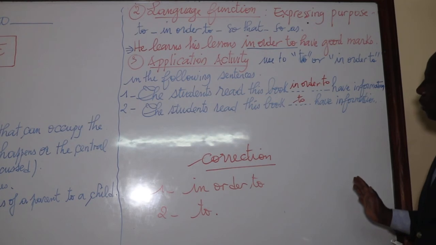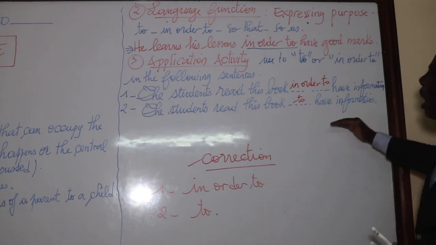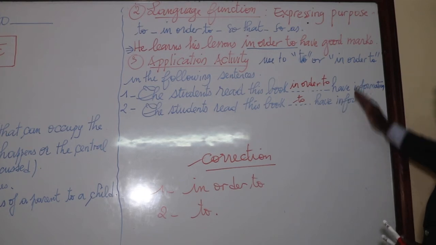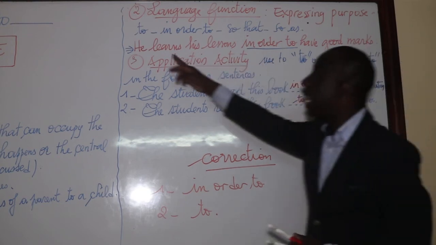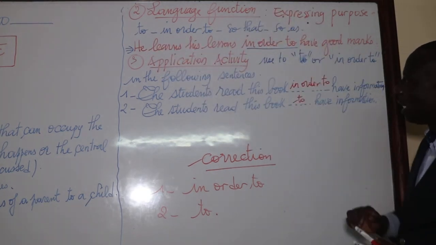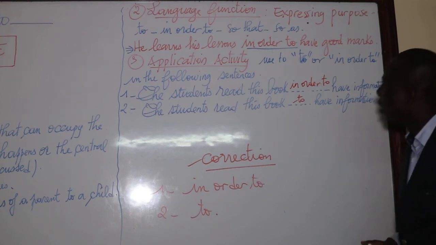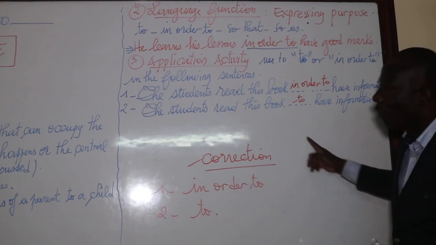Things are very clear. We have seen vocabulary words, and we have seen our grammar point, which is expressing purpose. And the words seen to express purpose are to, in order to, so that, so as. As an example, we say, I learn this lesson in order to have good marks. Now we are just seeing the application, and we have just corrected.